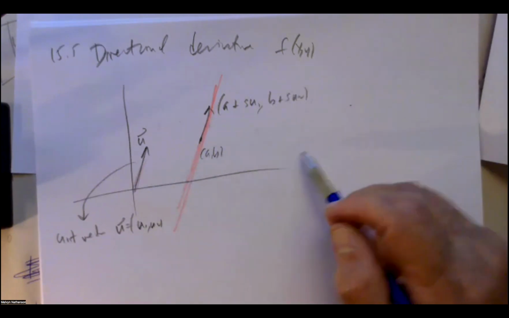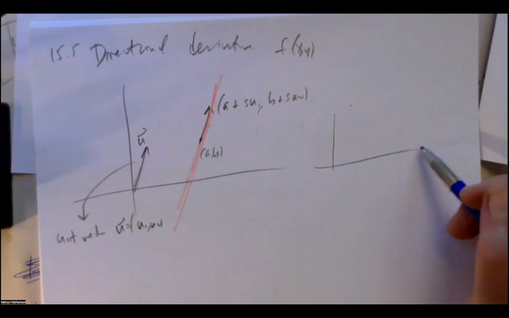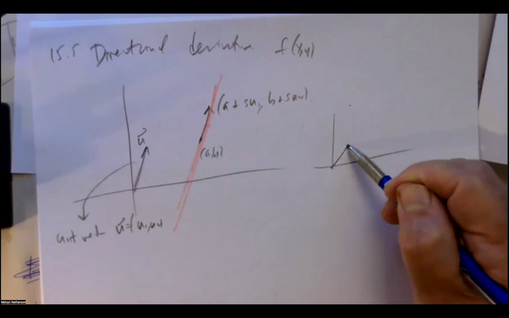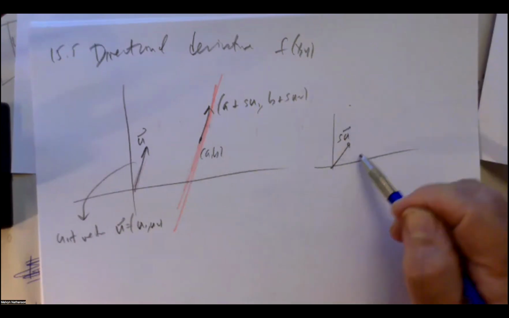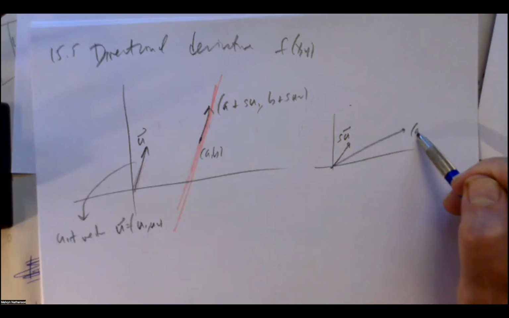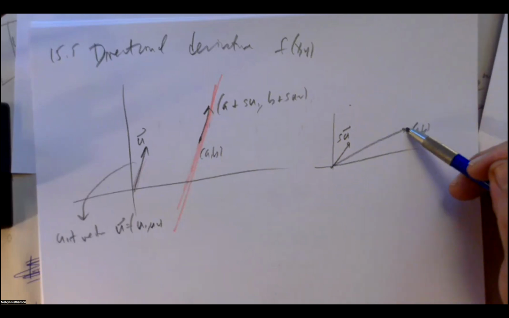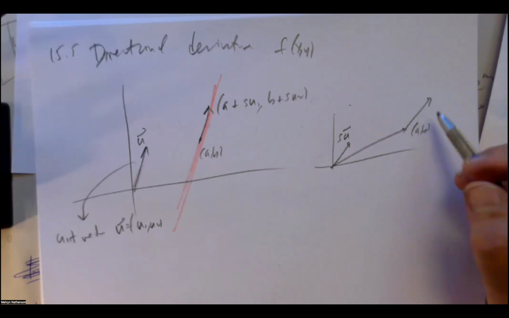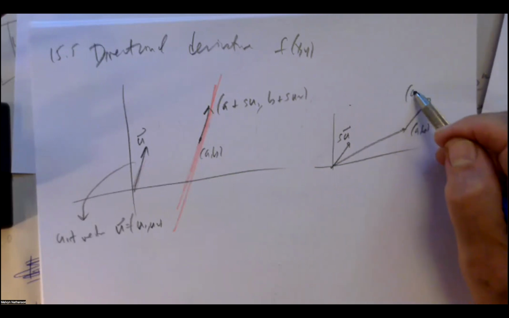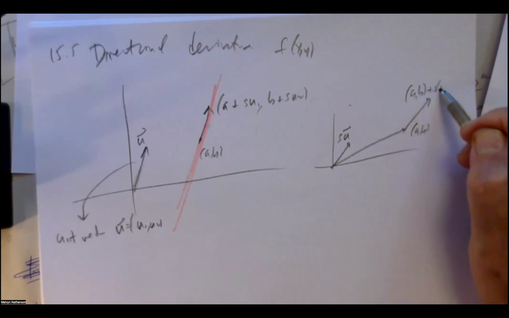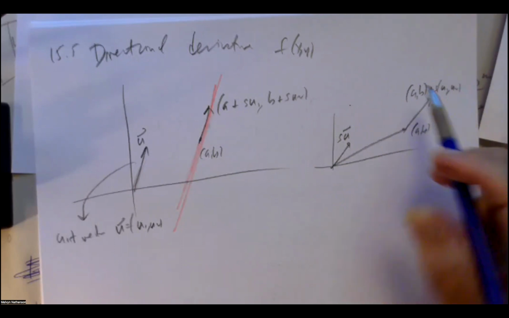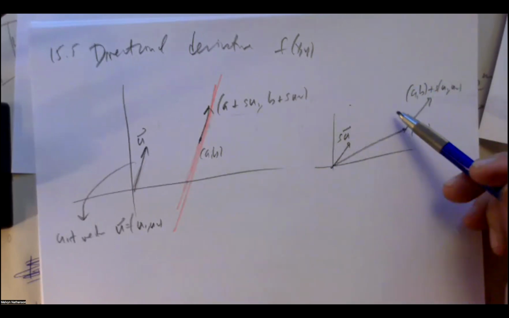So here we have su. Here we have the point (a, b). And if we go a distance su, that's (a, b) plus s(u1, u2). That's exactly this point.